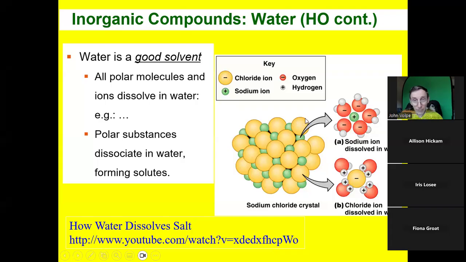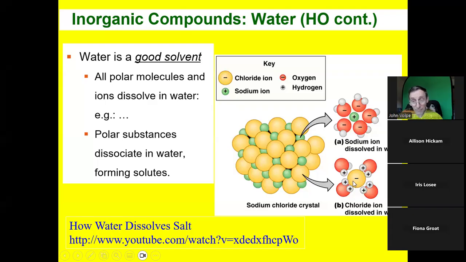It's easier to show with the chloride ion, where the positive hydrogen can come up to the negative chloride ion and then surround the chloride ion and then pull it out of the crystal. And then the water will be like this, with the water molecules having the partial positive hydrogen towards the -1 chloride ion. And then you have a number of these in the liquid water.